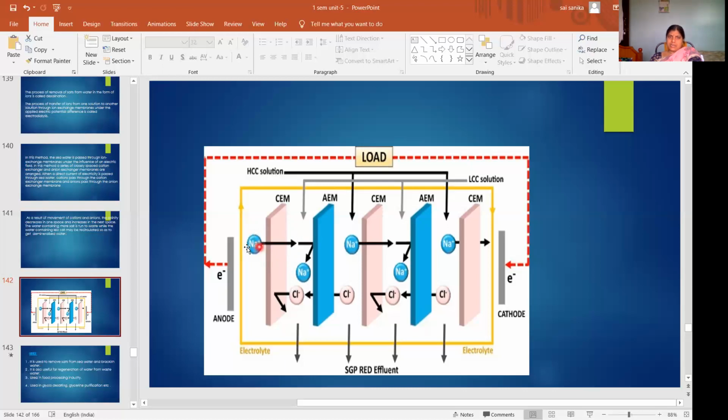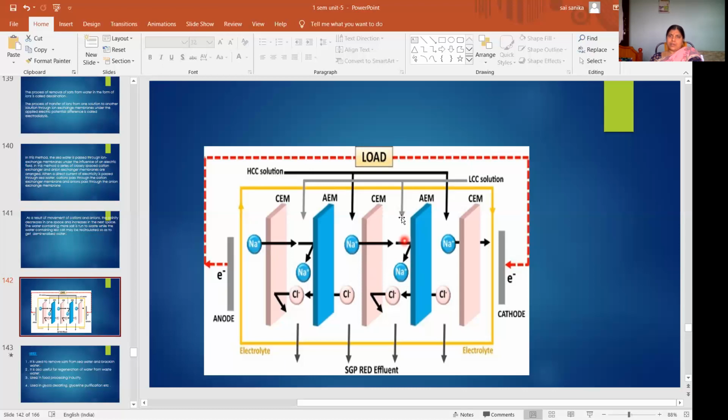And these anions will move to the anion exchange membrane, which is itself a positively charged membrane.